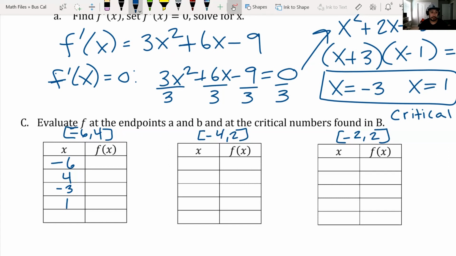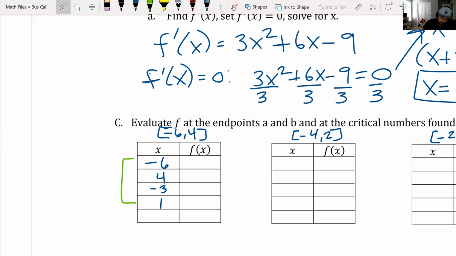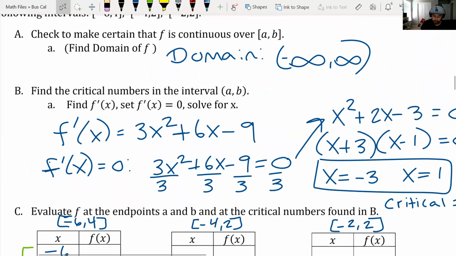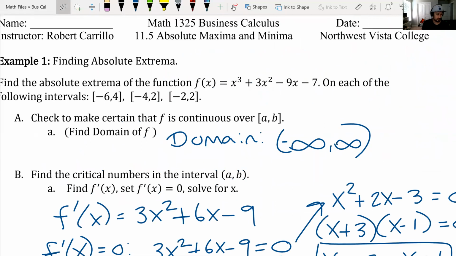Okay, so now what we're going to do with these numbers is just what the directions say above it. Plug into f of x. You are going to plug these in to the original function, x cubed plus 3x squared minus 9x minus 7.